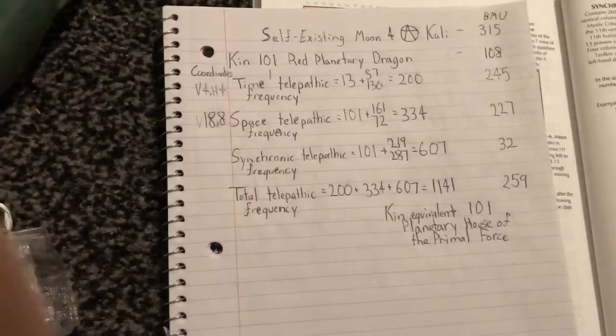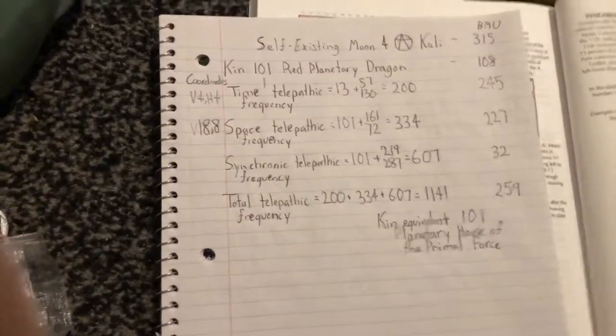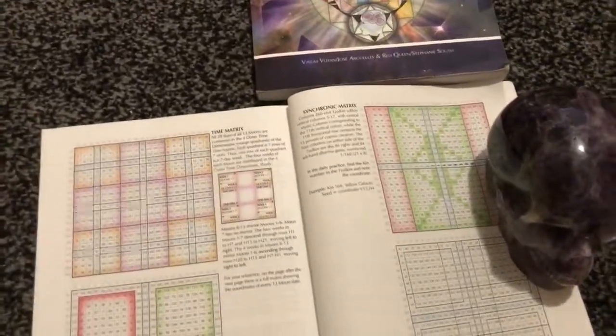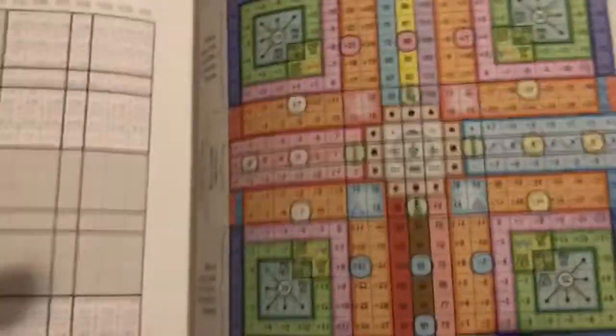And so we have our BMUs today. We also note where they are on the Hollow Mind Perceiver.